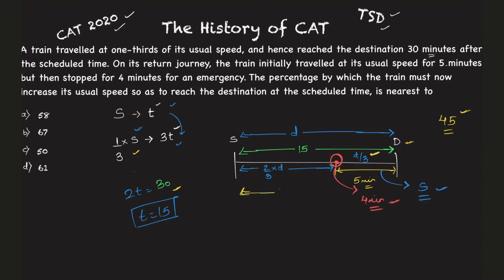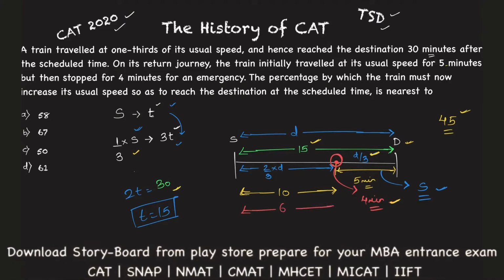Right, because the total time taken to travel this entire distance is 15 minutes. So if it would have not stopped for an emergency of 4 minutes, it would have traveled the remaining distance in 10 minutes. Now what is happening? It has stopped here for 4 minutes. So it has to travel this remaining distance not in 10 minutes, in 6 minutes.